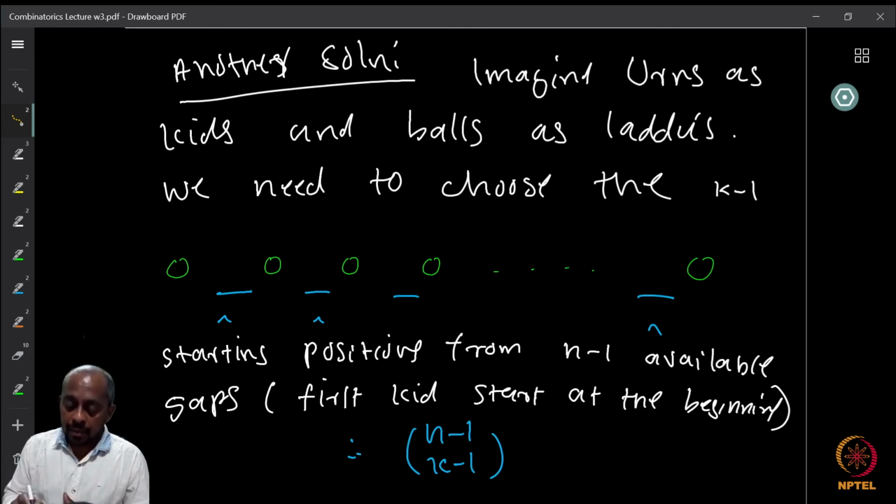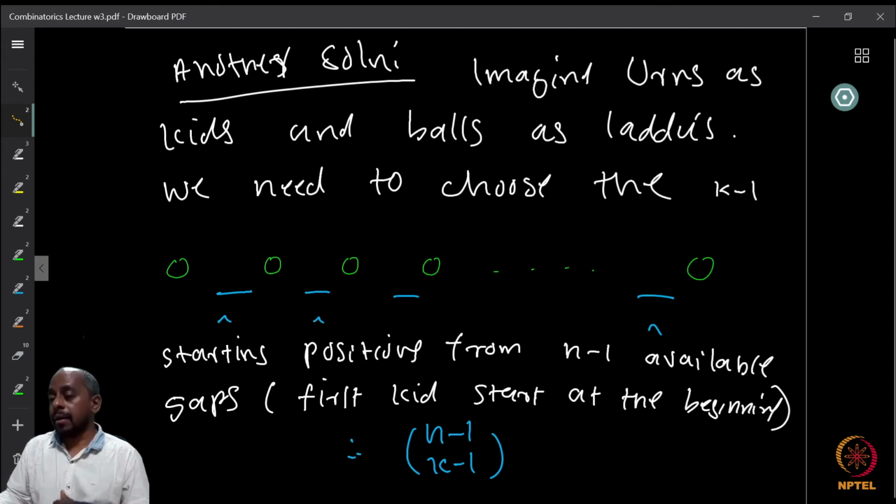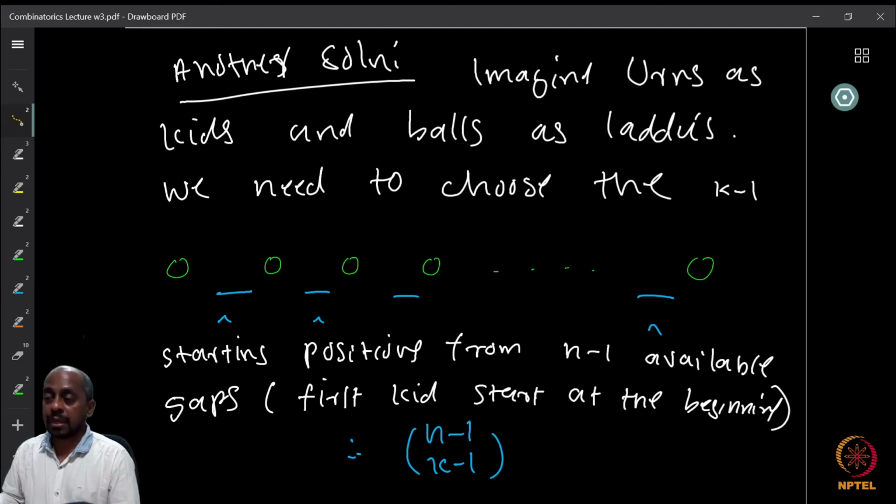So there were n ledus, therefore n minus 1 positions, gaps. We have to decide where each of the remaining kids is going to start. The first kid already started, so the remaining k minus 1 kids are going to start. That is the way to choose k minus 1 positions from the n minus 1 available gaps. So that is n minus 1 choose k minus 1. So this is another way to look at the same question.